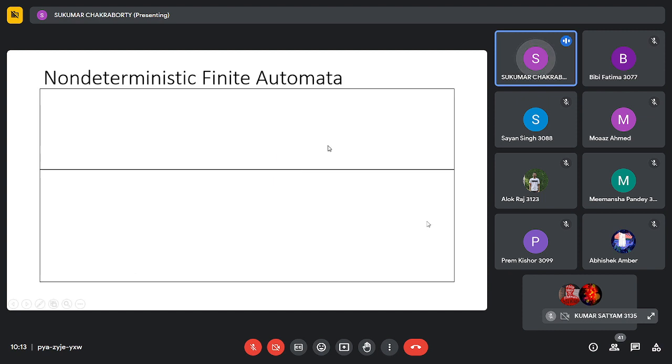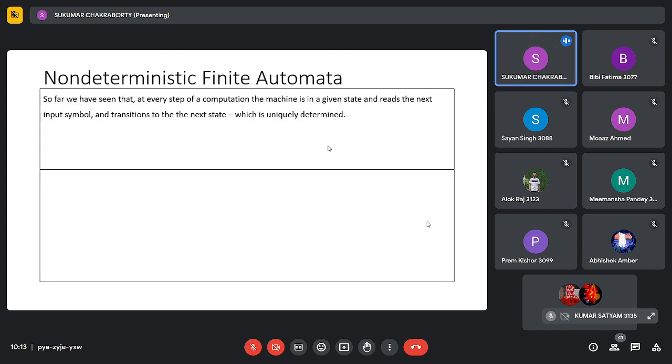Okay. So now we are going into non-deterministic finite automata. This is new. So far we have seen that at every step of a computation, the machine is in a given state, reads the next input symbol, and transitions to the next state, which is uniquely determined. But in a non-deterministic machine, several choices may exist for the next step at any point. Right?